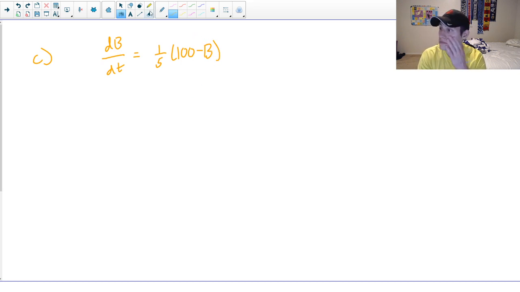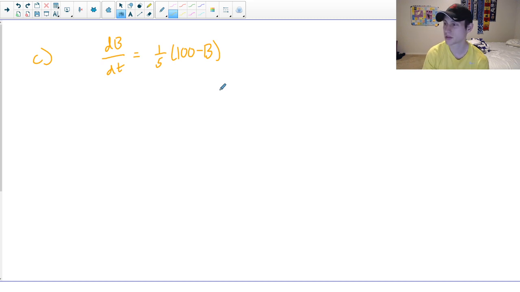So again, I want to separate. I want to put the b stuff with the dB, and if there were t, I would want to put the t stuff with the dt. But remember, when you're doing separation of variables, you should never be adding and subtracting to either side.